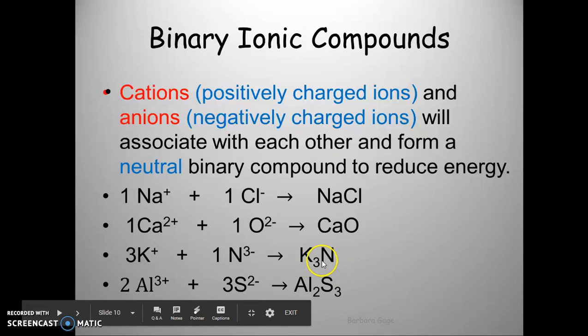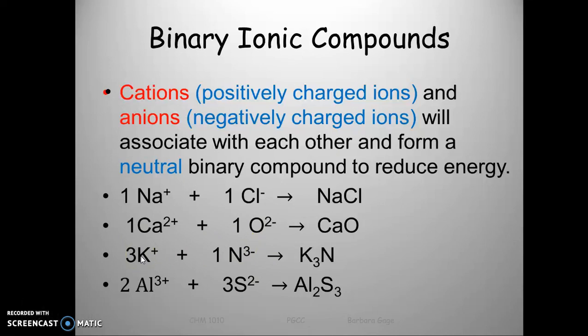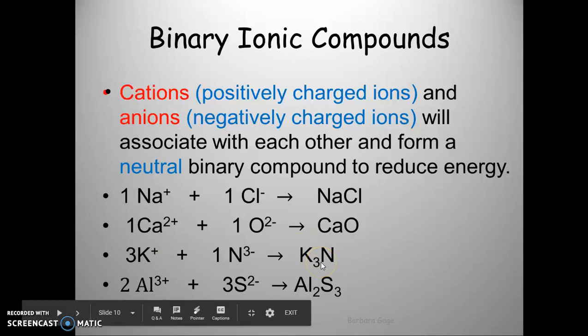So the reason why you have 3 potassiums to only one nitrogen is because of these charges. If we have 3 negative charges here, we have to have 3 positive charges to equal those out. Remember, when they combine together to make that binary compound, it has to be neutral.